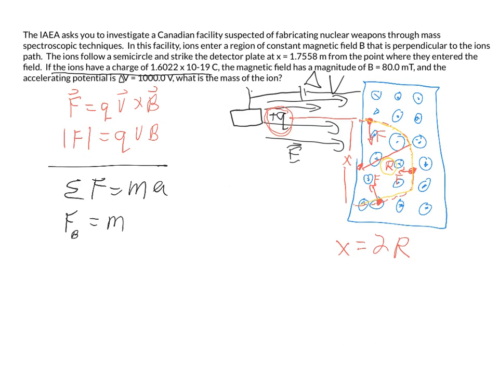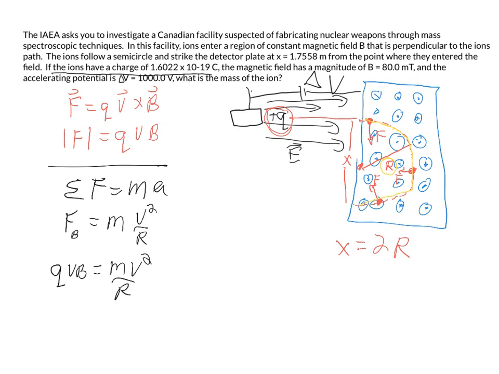It's going through uniform circular motion because the force is perpendicular to its velocity, so its acceleration is just the centripetal acceleration V squared over R. We know the force is Q V B, so that equals M V squared over R. You could easily solve for R.